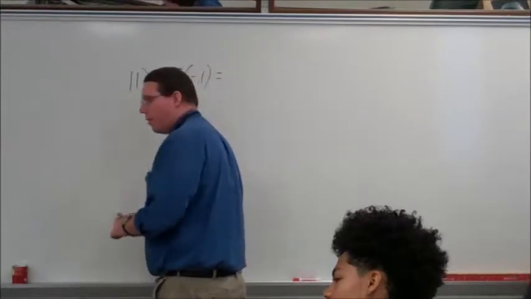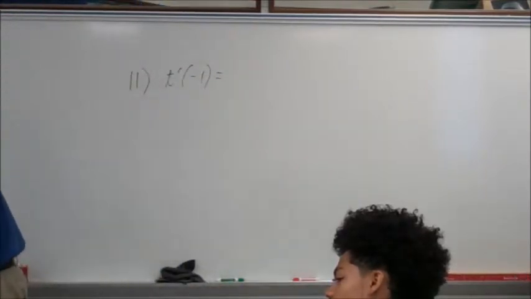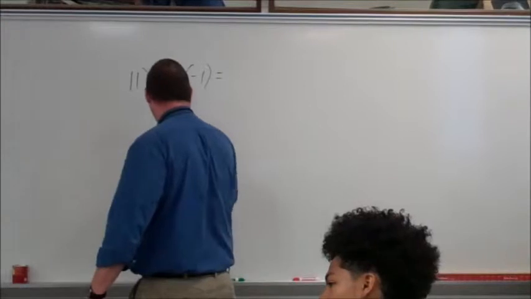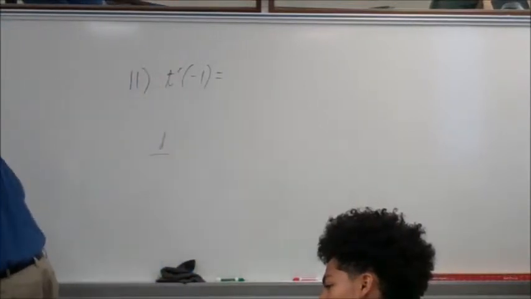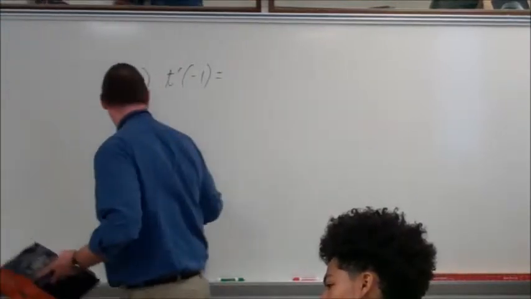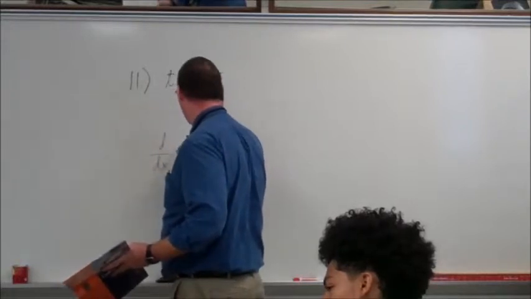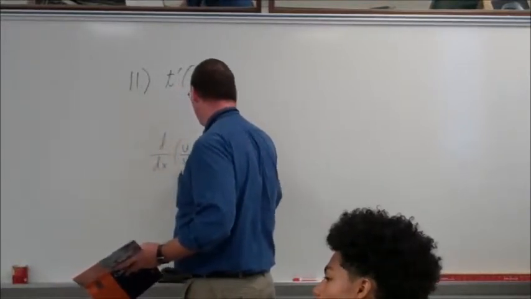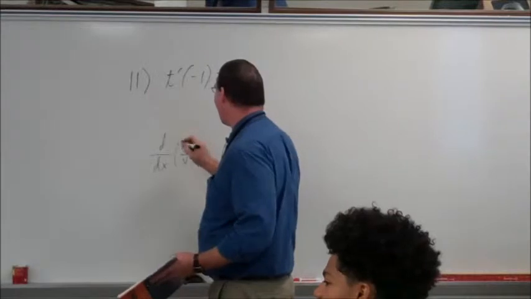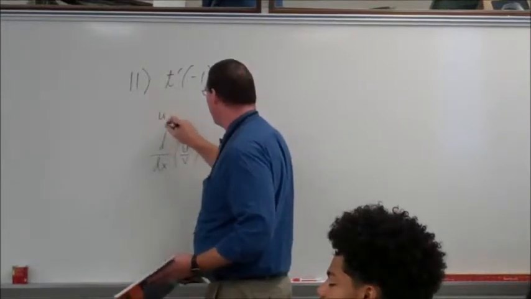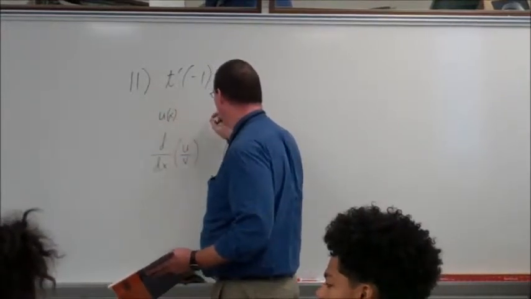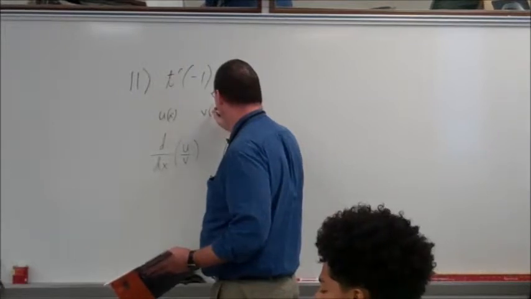Okay. This is what the quotient rule says in the book. Guys, watch this. It says d dx of u over v, where u is a function of x and v is a function of x.